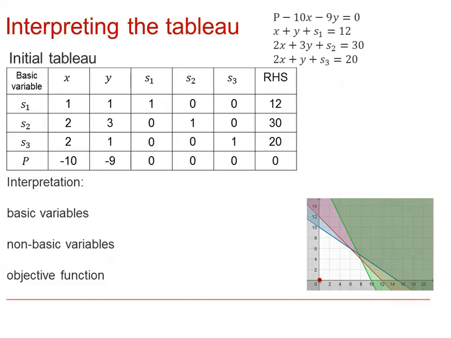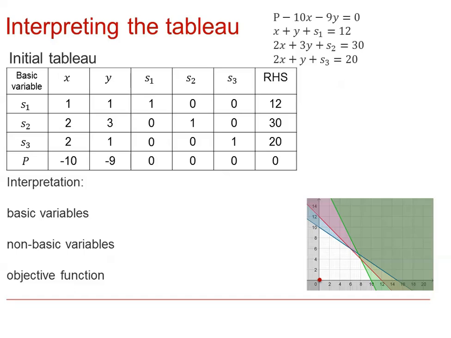So in our previous video, we looked at applying the Simplex algorithm to this linear programming problem, and this was our initial tableau. So it's important that you are able to interpret a tableau initially and after every iteration.